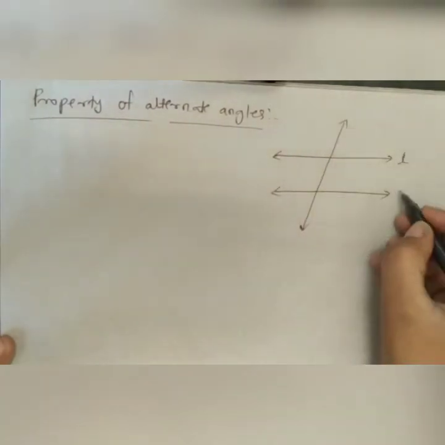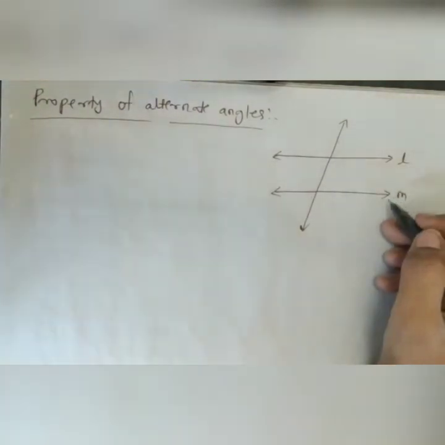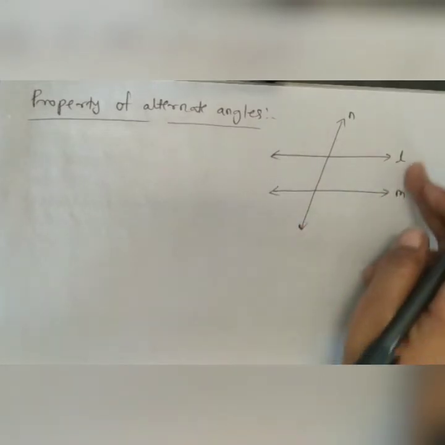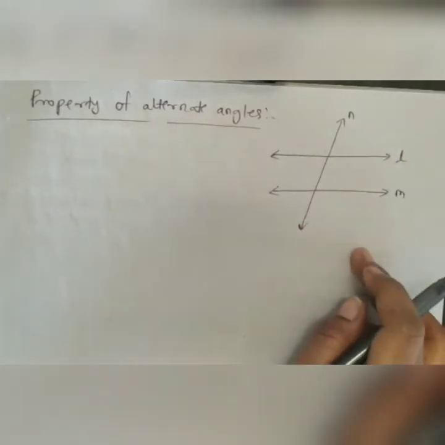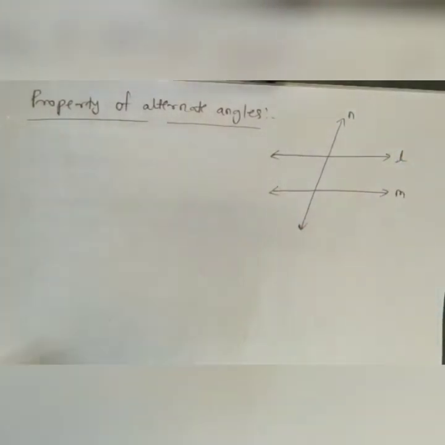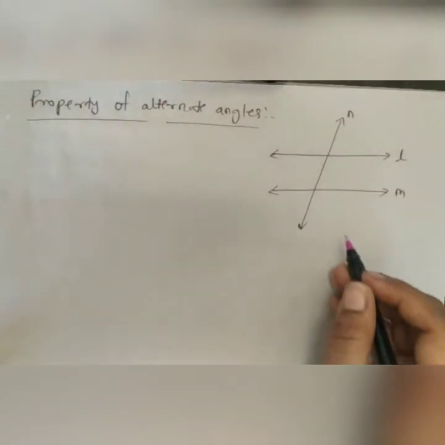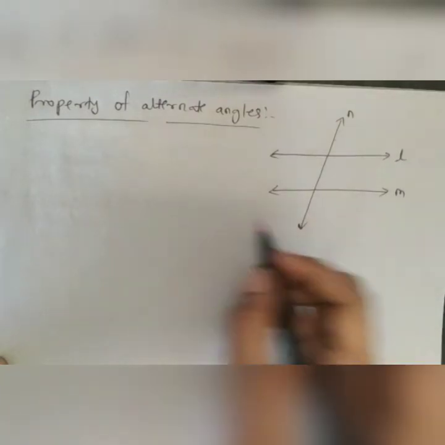This is my line L and M, both are parallel, and there is a line N which is the transversal of these two parallel lines. We are already familiar with pairs of exterior alternate angles and pairs of interior alternate angles.